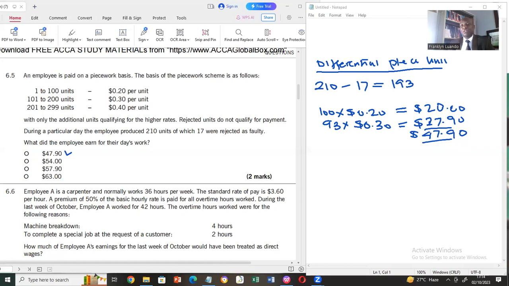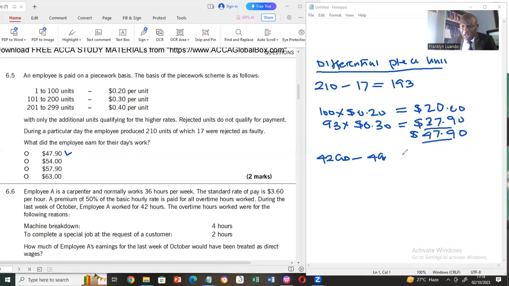Machine breakdown, 4 hours, it is excluded. Then, to complete a special job at the request of the customer, 2 hours. That is part of the direct labor hours. Therefore, the total: he worked 42 hours, less the 4 hours for machine breakdown.